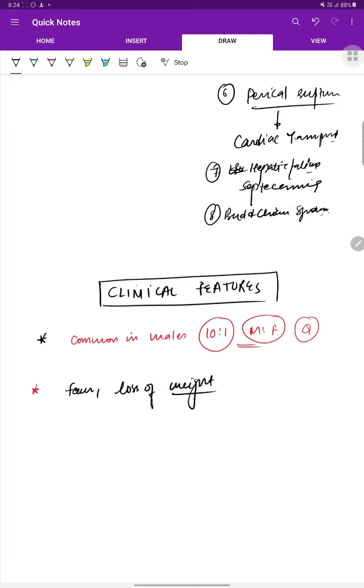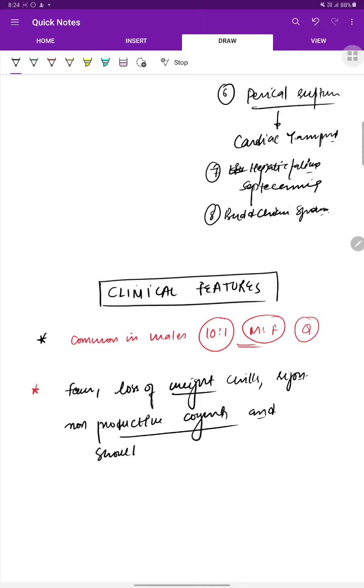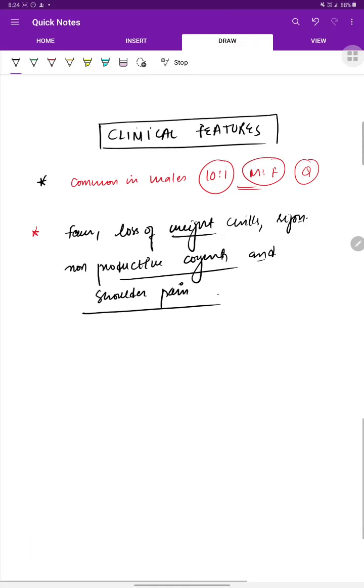Fever will be intermittent, chills will be there, rigor will be there, and non-productive cough as it irritates the diaphragm, and shoulder pain. This is the presentation when the abscess is inside the liver only. For various other dissemination and spread of amoebic liver abscess, it may present accordingly, which I told you.